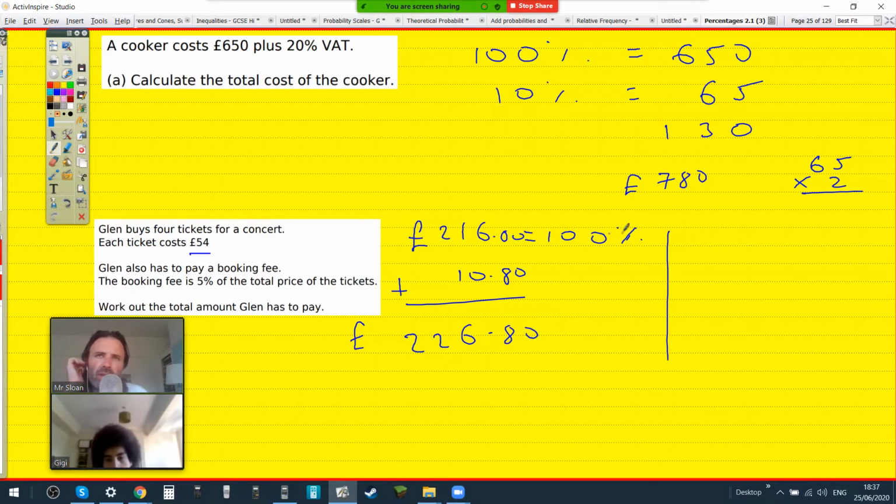So £54. 10% would be £5.40, and then we had to half it, £2.70, and then if we did that times by 4, £10.80. So it should work whichever way you do it, but yes, you can't do 5% times 4. Yeah, 5% is not the same as 20%, basically.